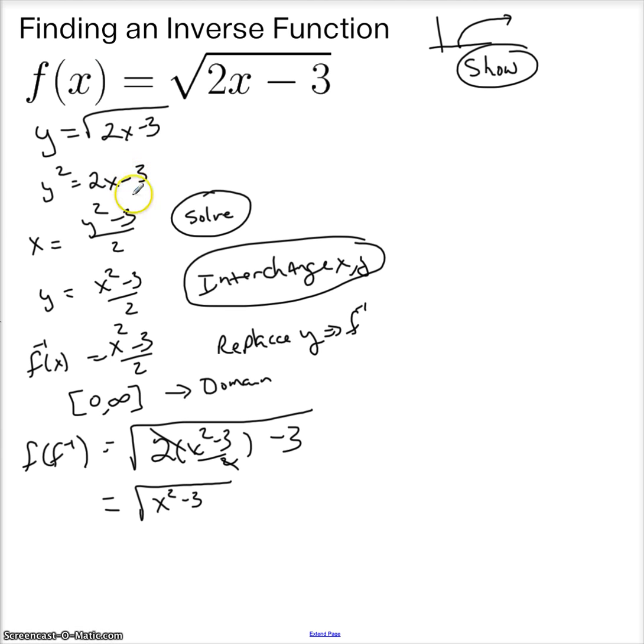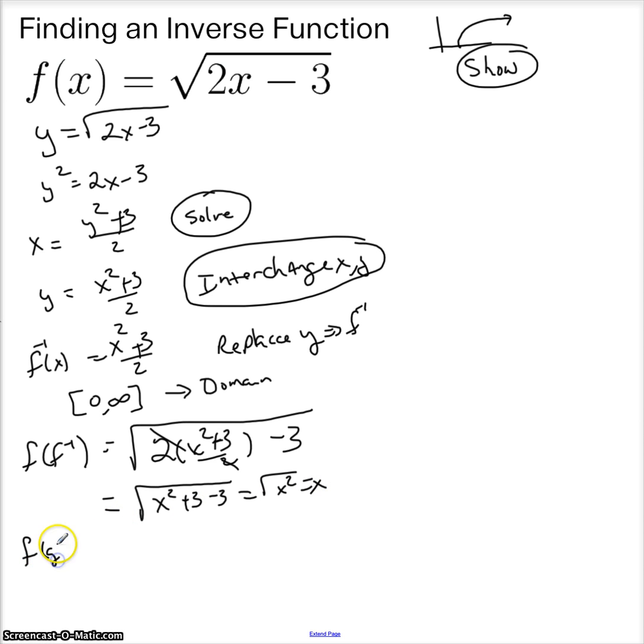Did I do that right? No, I didn't. Guys, you can't let me make these mistakes. Okay, so that's x squared plus 3 minus 3. So this is the square root of x squared, or x.